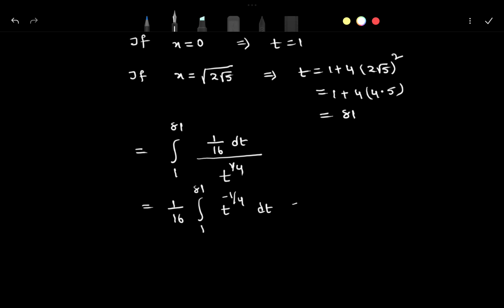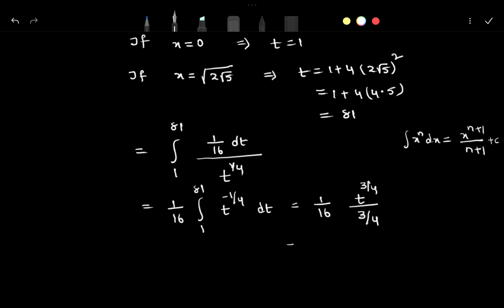What is the integration of t^(-1/4)? 1/16 into t^(-1/4) will be t^(3/4) divided by 3/4, because you know that the integration of x^n dx equals x^(n+1)/(n+1) plus c.